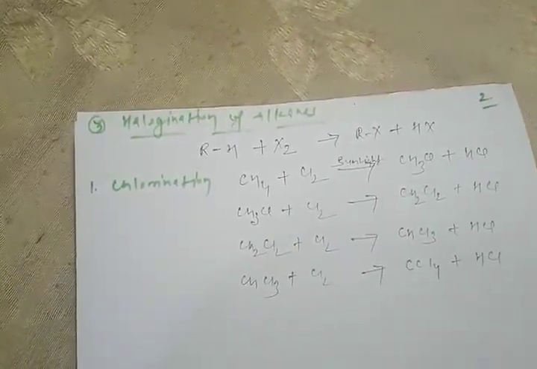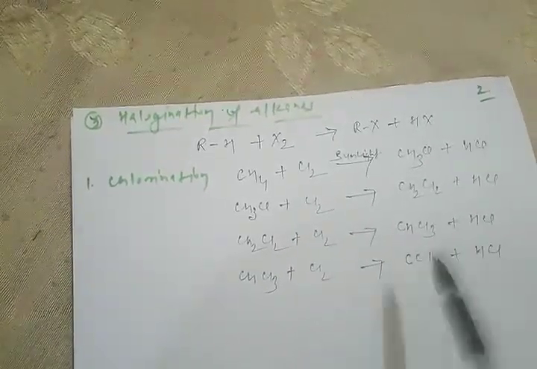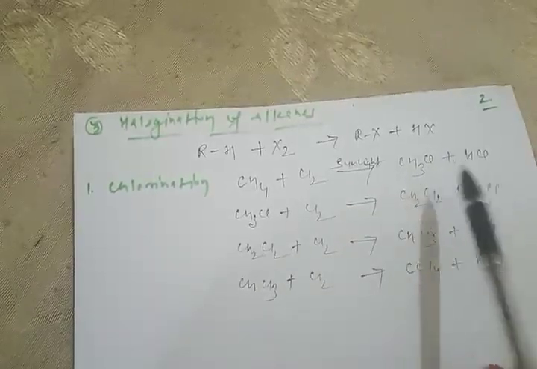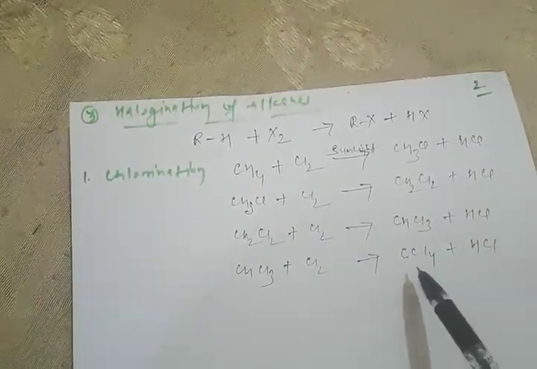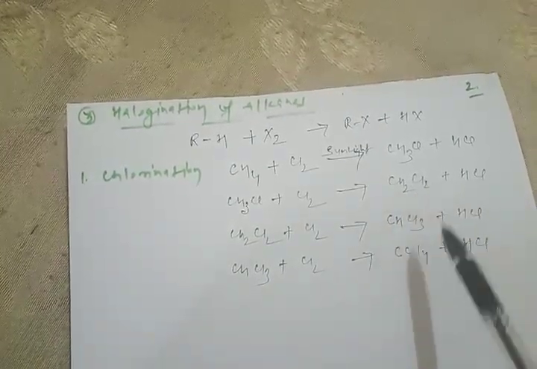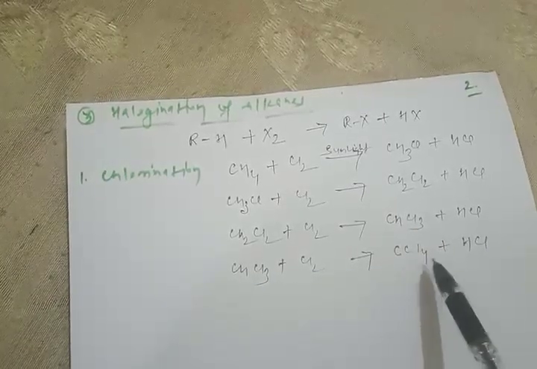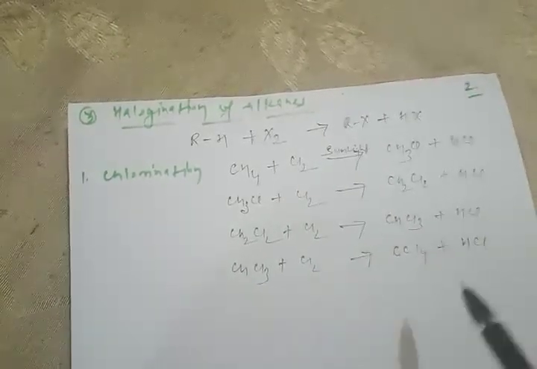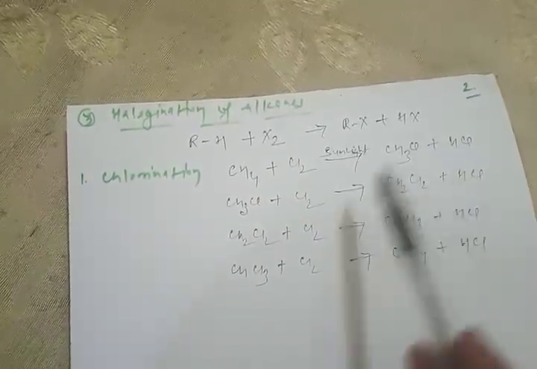As this reaction continues, we'll get a mixture of products. We'll get methyl chloride, methylene chloride, chloroform, and carbon tetrachloride. With the mixture of products, the isolation of methyl chloride is difficult here.